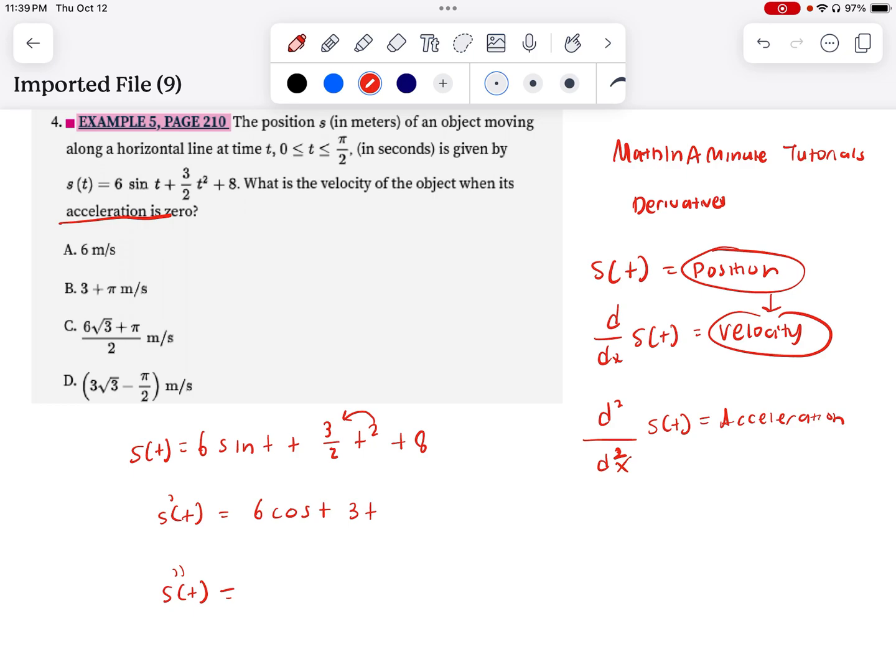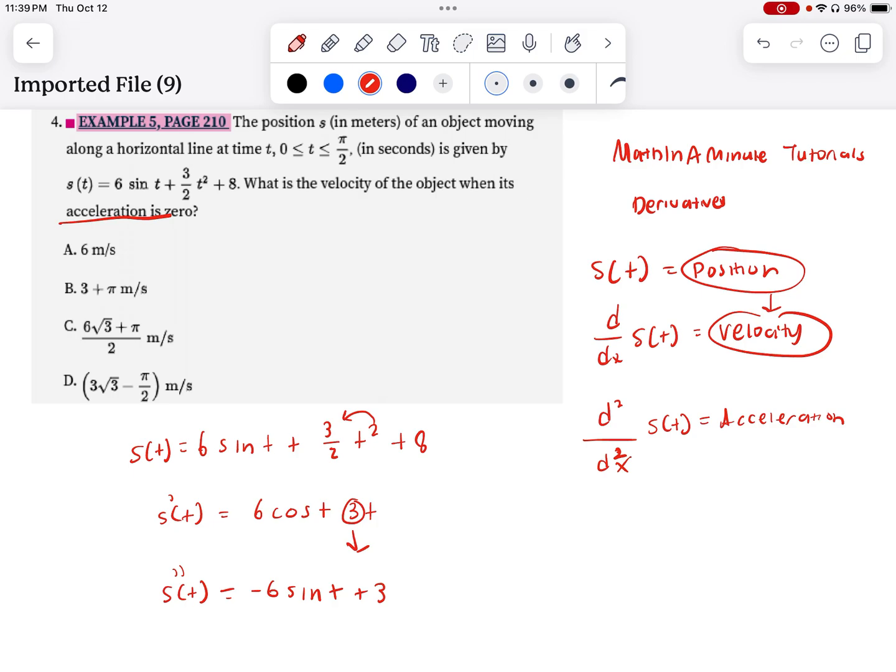So if we do this, we see that the derivative of cosine is negative sine, so that's essentially negative 6 times sine of t, and we know that it'll be the coefficient of this, so it's essentially that.